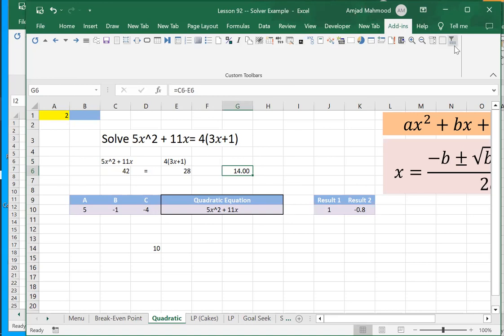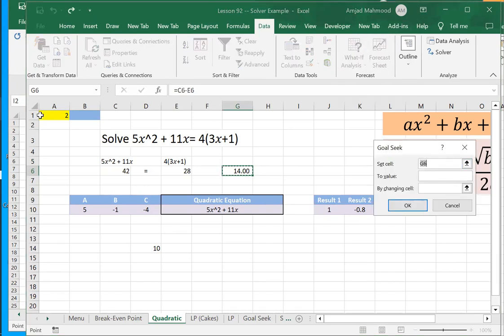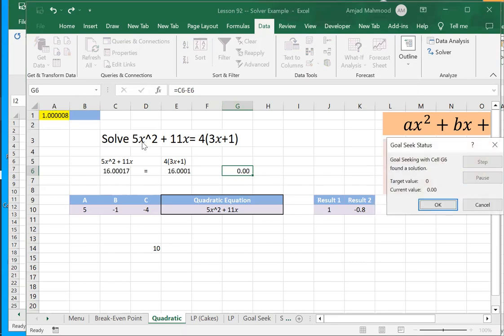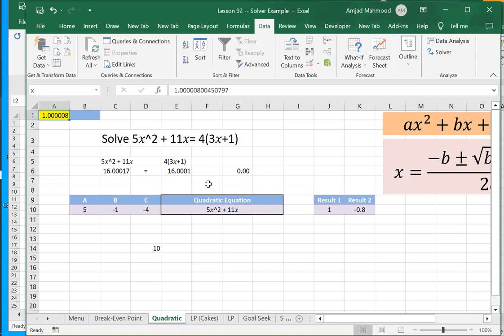So let's go to goal seek, what-if analysis, and we set our target cell to 0, while changing x. Okay, so it is going to come up with the value 1. It is more accurately bringing the 1.